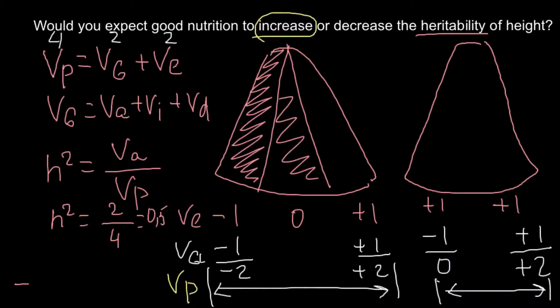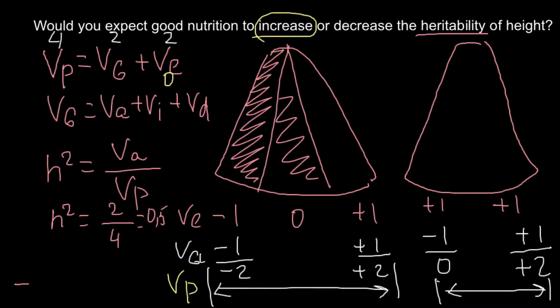And now let's take a look at the second example. Here we don't have any variance at all, so the variance here would be 0. And we can put variance environmental 0 here.